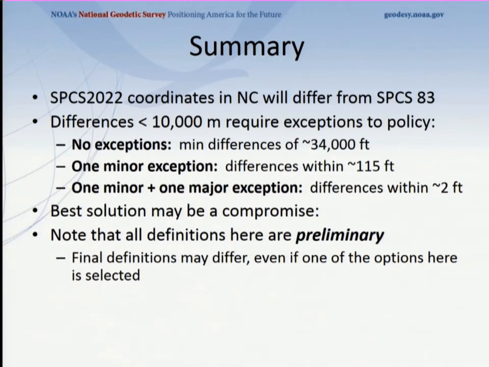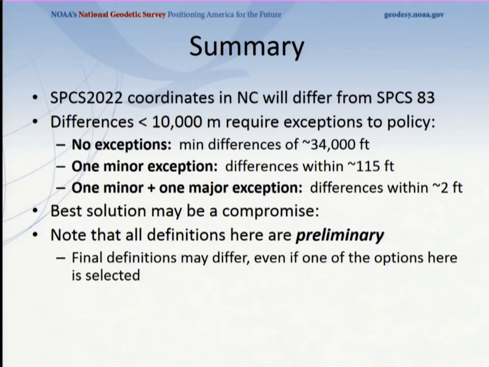So what can we do here in North Carolina? If we accept, as I said, all NGS's requirements, then we're going to see numerical value changes of over 10,000 meters, which graphically will be very visual that you know you're not on NAD 83, but it will impact the land records management system because that will impact the PIN numbers. If we do no exceptions, we're up around that 34,000 feet.